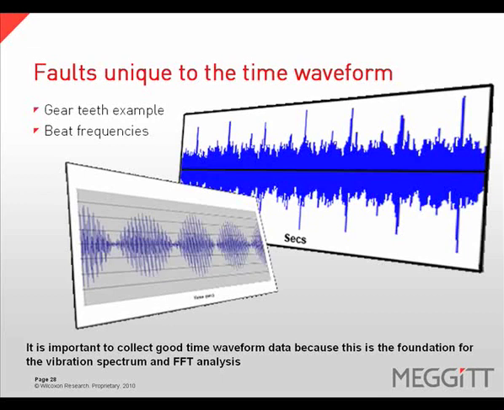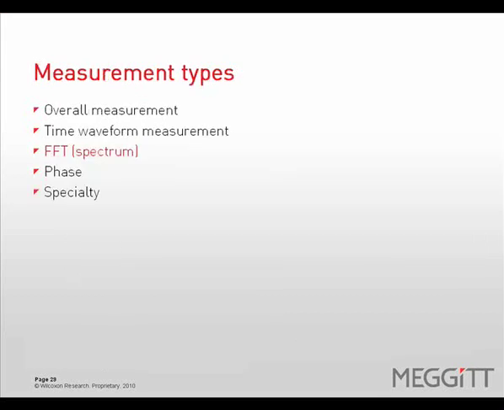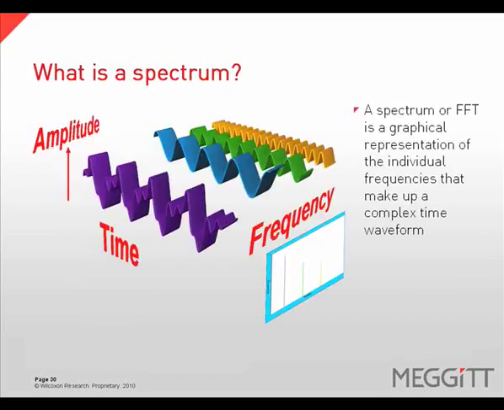It is important to collect good time waveform data because this is the foundation for the vibration spectrum and FFT analysis. A spectrum or FFT plot is a graphical representation of the individual discrete frequencies that make up a complex time waveform. The individual frequencies are displayed in a spectrum plot with amplitude information.